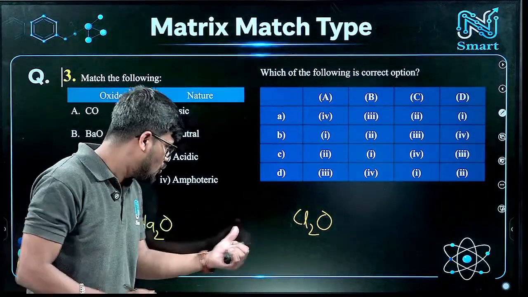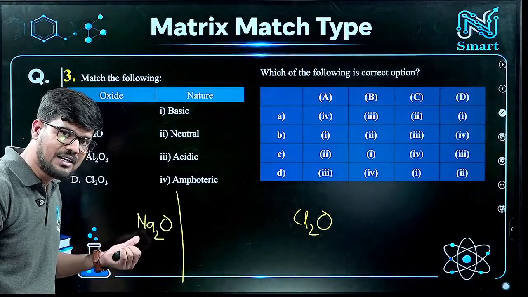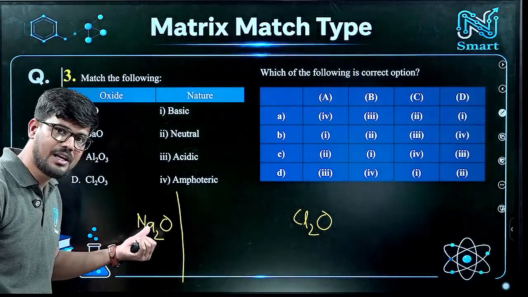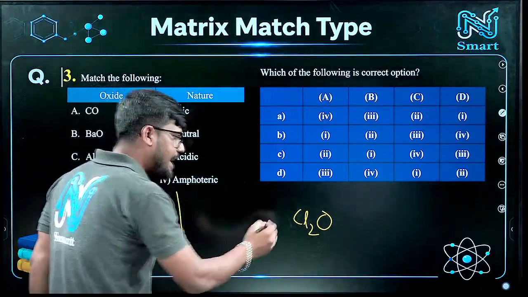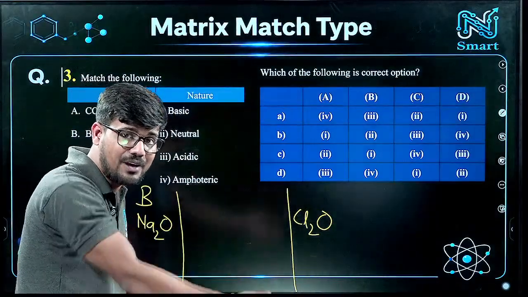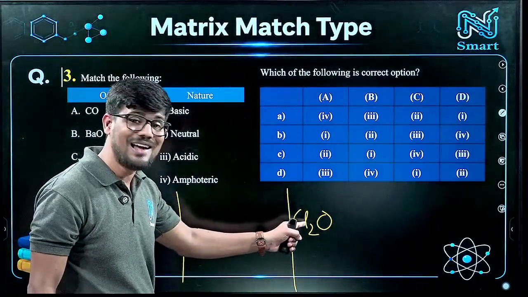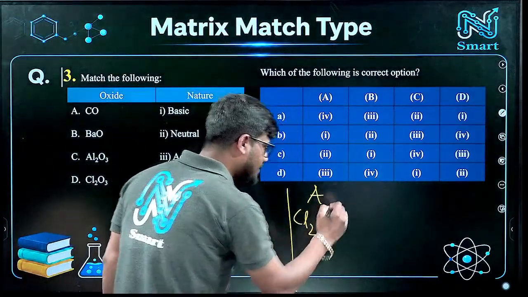Okay. So in the periodic table, if metals from the s block are involved, mostly basic. If you are getting elements from the right side, where highly electronegative species are involved, in that case acidic oxide.